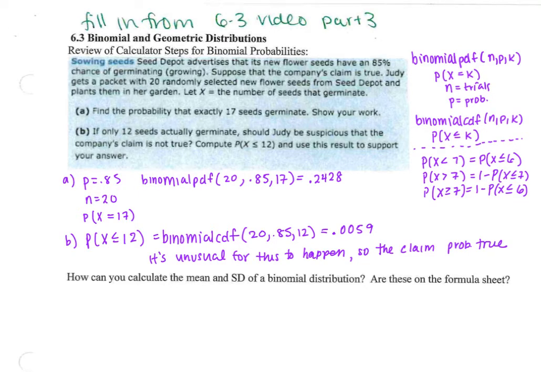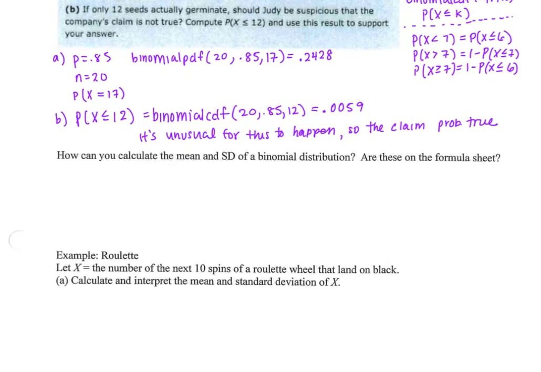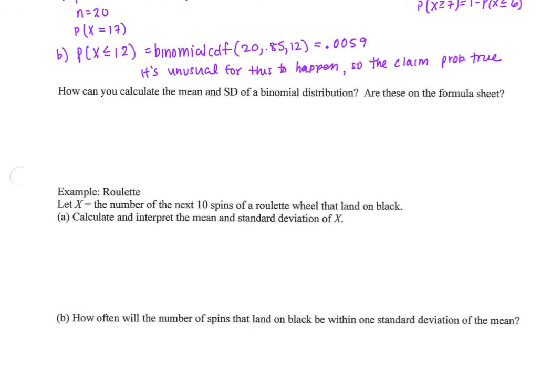Alright, so just like any distribution we've done so far this year, you can calculate a mean and a standard deviation for a binomial distribution. And this is helpful if you want to do like a normal approximation instead of using binomial PDF and CDF. And these formulas are provided for you on the formula sheet.